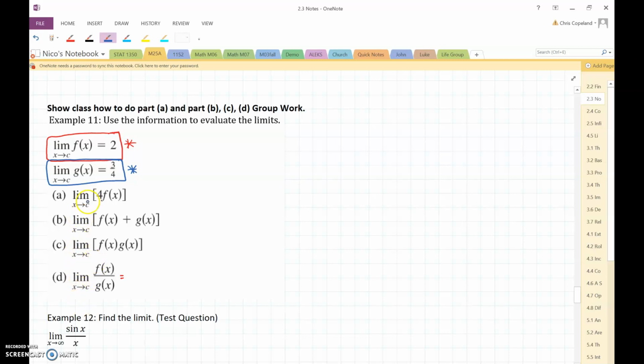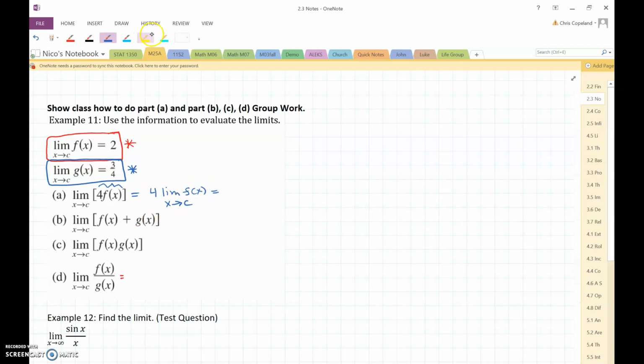Okay? So part A, we've got the limit of a constant, which is 4, times the function f of x as x approaches c. So again, when you have a constant multiplied by a function that you're taking the limit of, you can factor that constant out in front of the limit. So the constant is being multiplied by the limit of f of x as x approaches c.